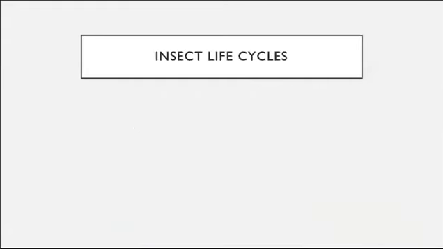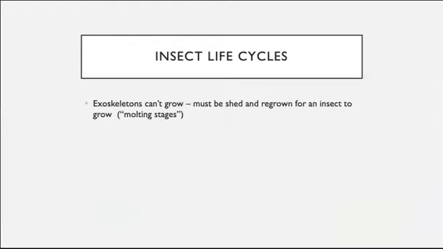Another unique feature about insects is that insects grow by shedding their exoskeletons. The exoskeletons can't really stretch like our skin does as we grow up. So instead they have to molt. So they shed their skin, and that reveals a new skin underneath, a new exoskeleton that will rapidly harden into the next larger exoskeleton.